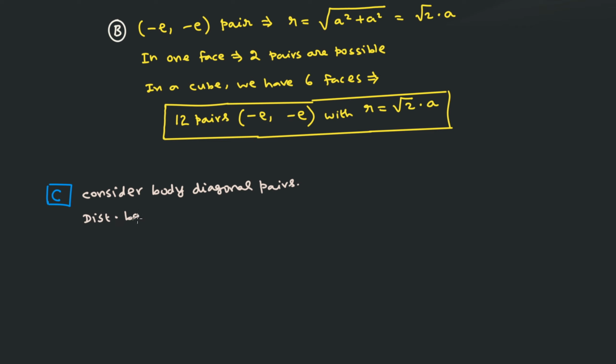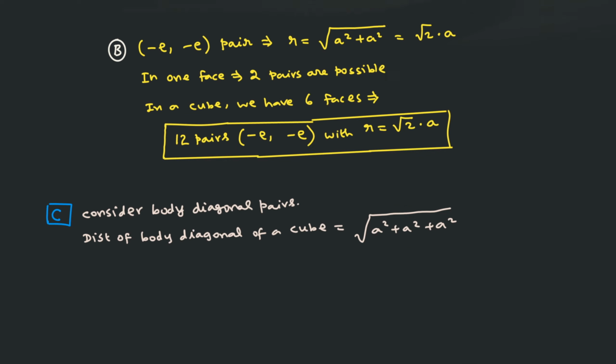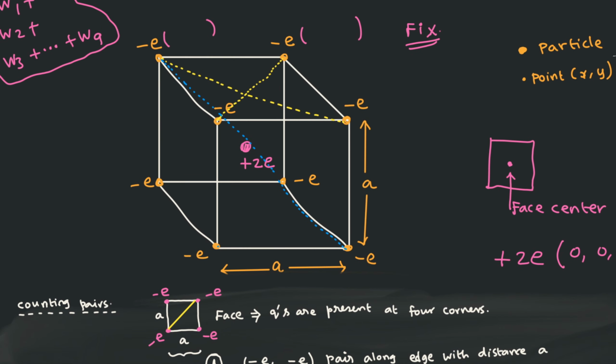So the distance of the body diagonal of a cube is equal to square root of a square plus a square plus a square, because you have to calculate how you are traveling. To calculate the body diagonal distance, you can't come directly like this.